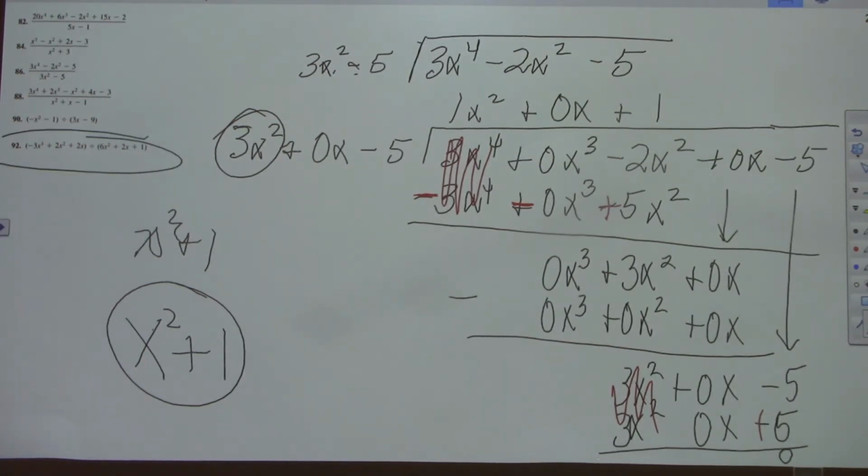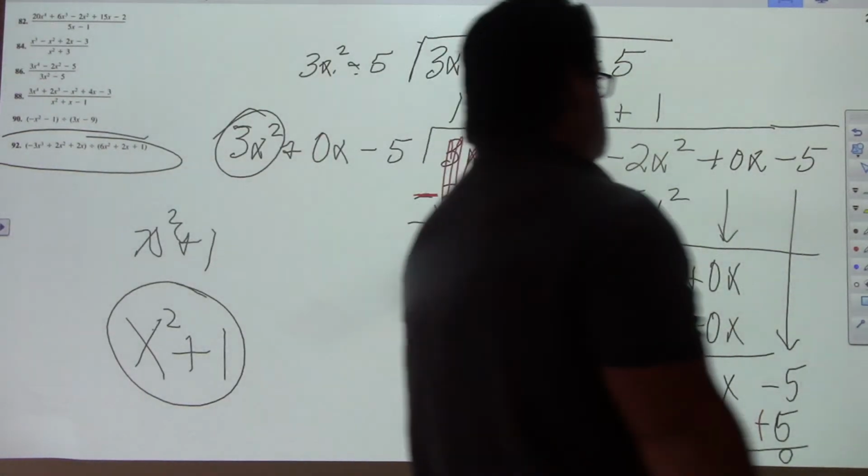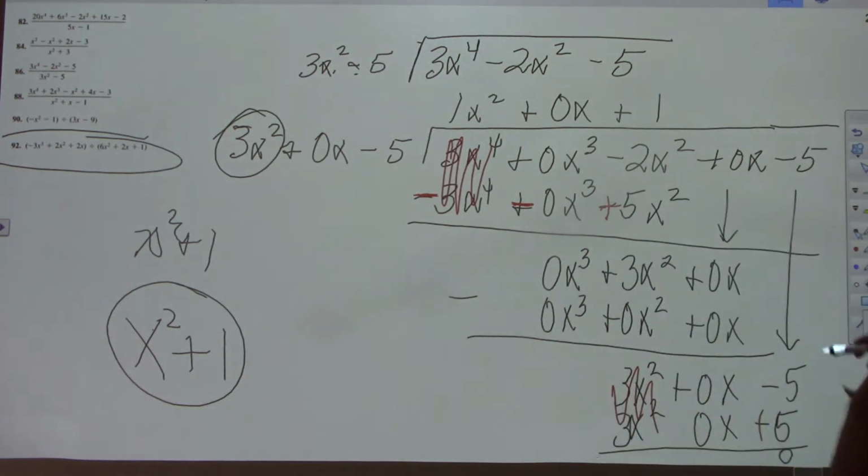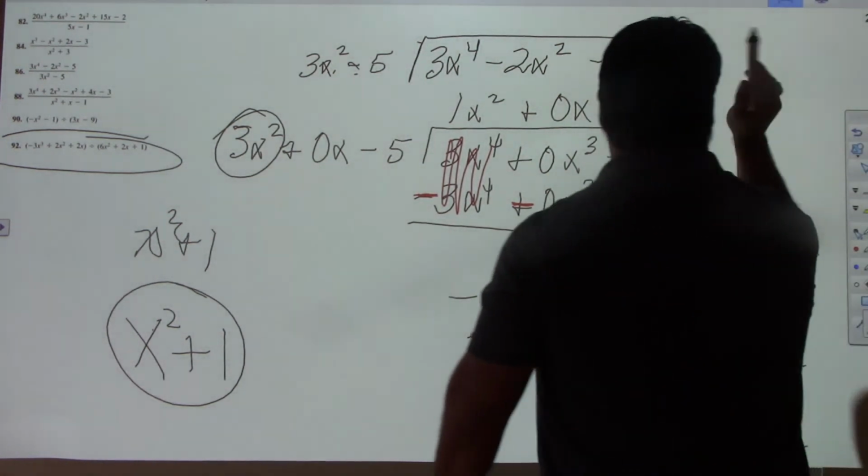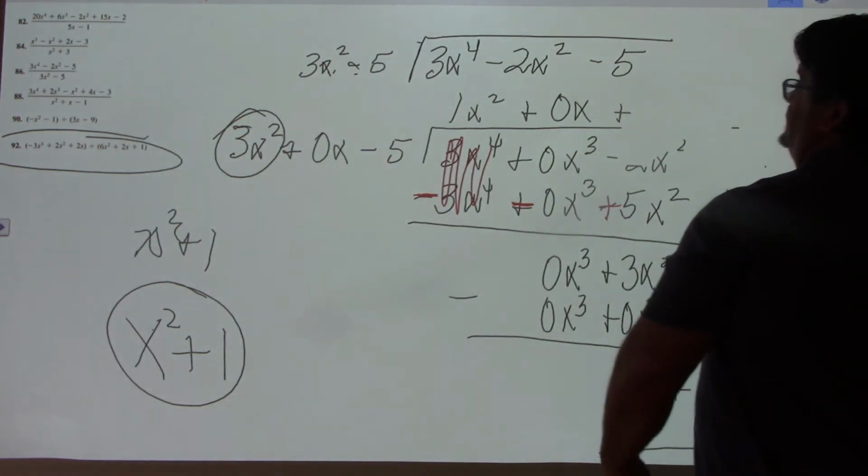Negative 3x cubed plus 2x squared plus 2x divided by 6x squared plus 2x plus 1. I'm not doing all that. Just hold on.